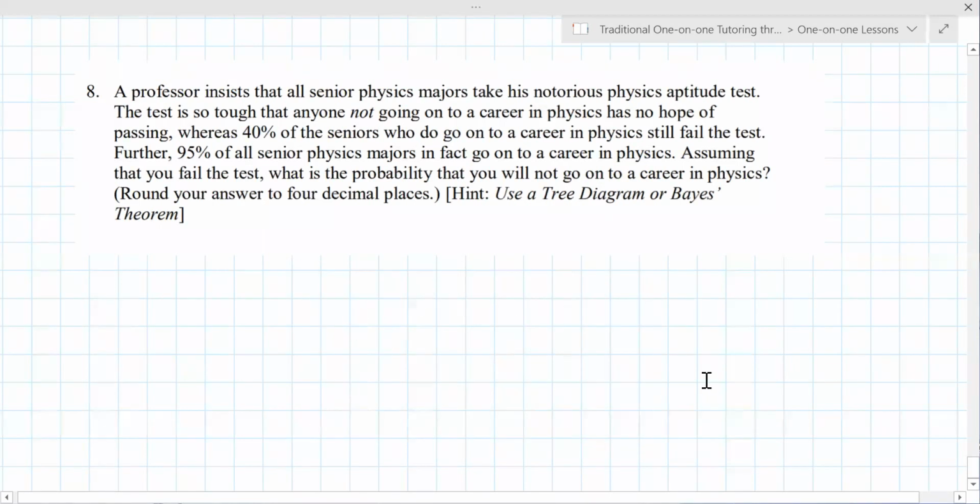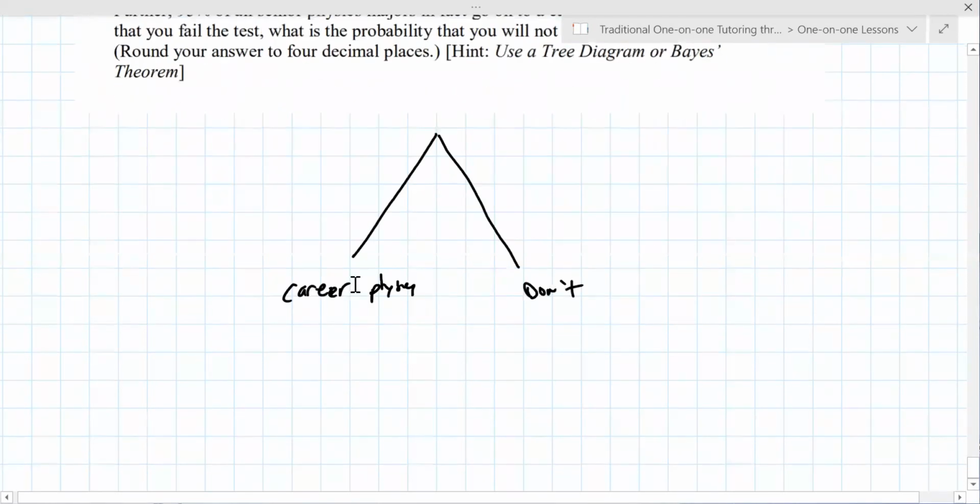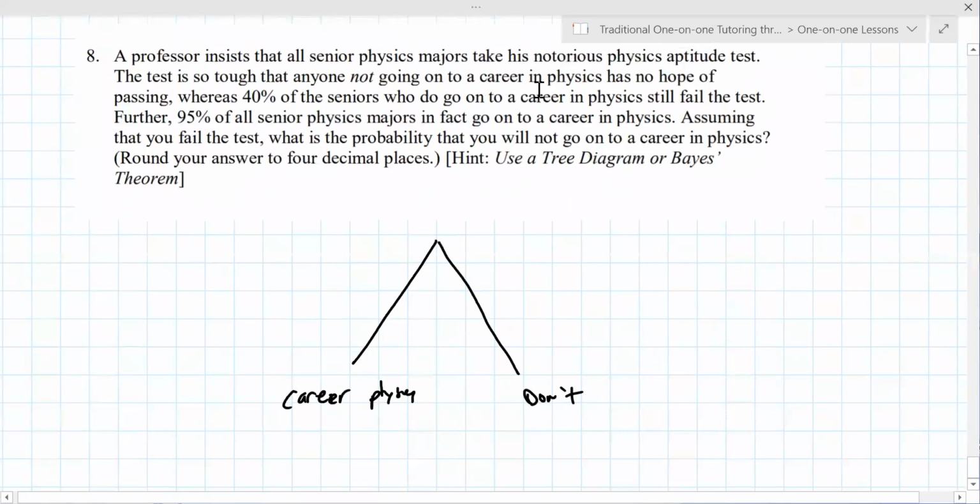Okay, yeah, this one's a little weird. So the first split is you have a career in physics or you don't. Those who have a career in physics, it says here 40% of the seniors who go on to a career in physics still fail the test.